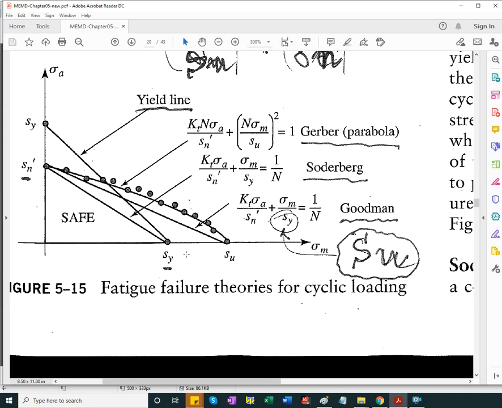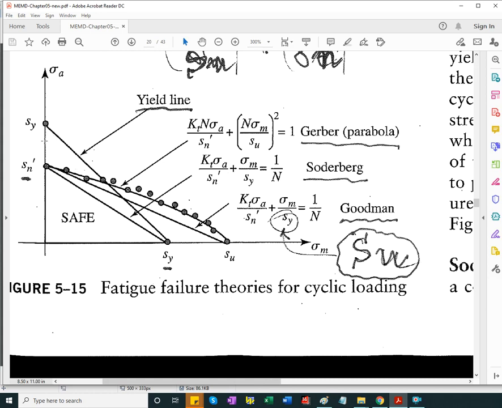The most conservative case is where, for static loading, the mean stress does not exceed yielding, and for the other case, when the mean is zero, the true endurance limit is the other boundary. For static loading, the safe zone would have been the yield line.